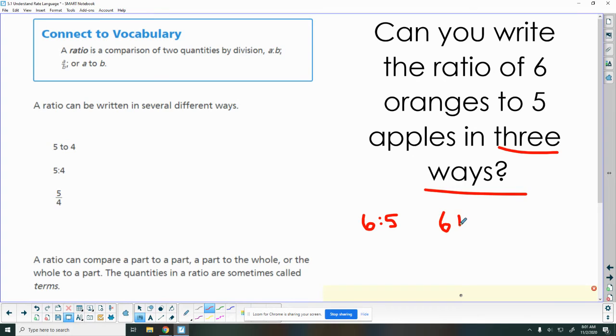I could say there are 6 oranges and just put the word to 5 apples. Or I could say there are 6 oranges to 5 apples. All of these mean the same thing, but notice I put oranges first every single time. Oranges came first to keep that ratio the same.